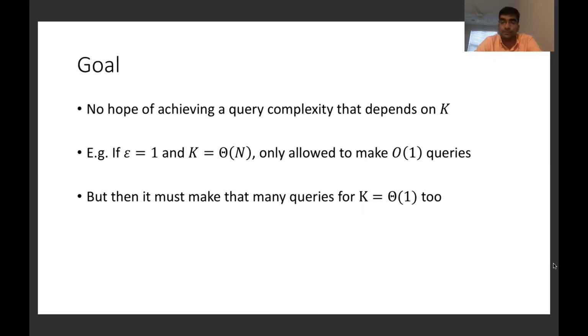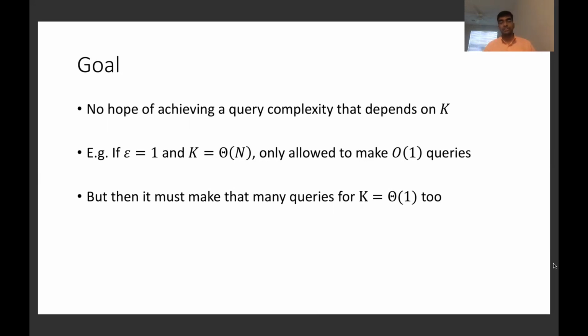So now, what is our goal? Our goal is to find the Grover schedule that allows us, after we've performed the schedule, to estimate k to a factor of 1 plus epsilon. But we want to make the query complexity, the total number of queries, which is sum of RI-TI, as small as possible.